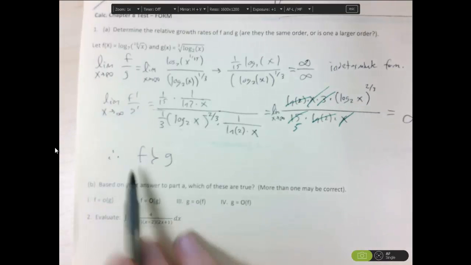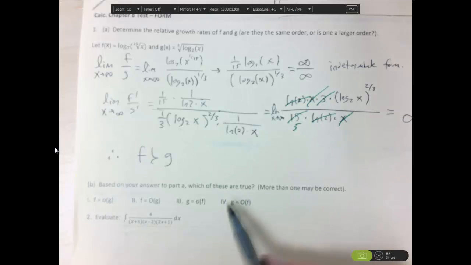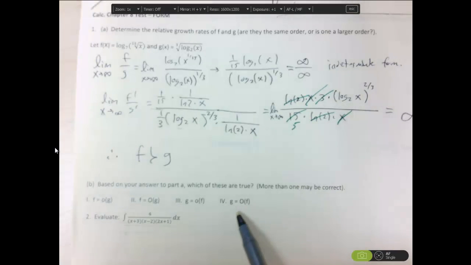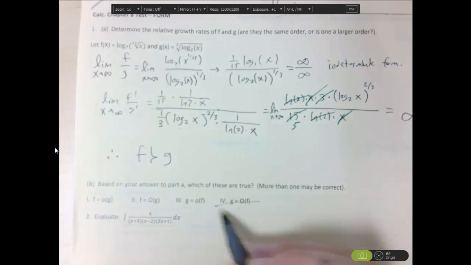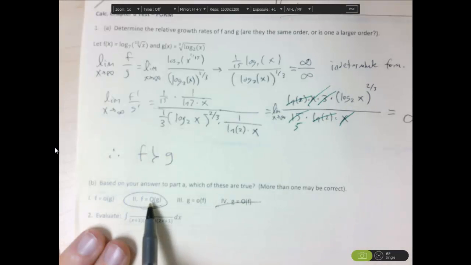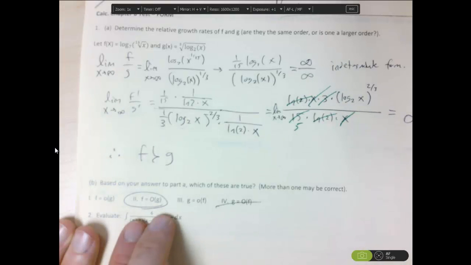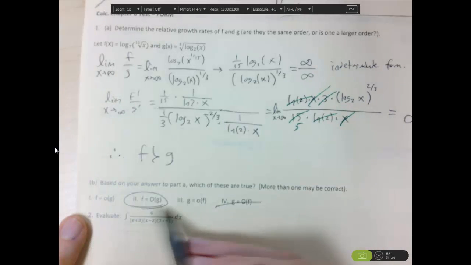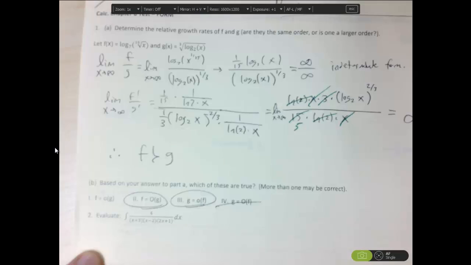So, since f is a larger order of growth than g, this one is not true, but this one is true. Because, again, big O of g equals f means that f is a larger order of growth than g, which is what we have. And so then the little o is going to be the reverse of that, so it should be this one. So those are the two that are true.